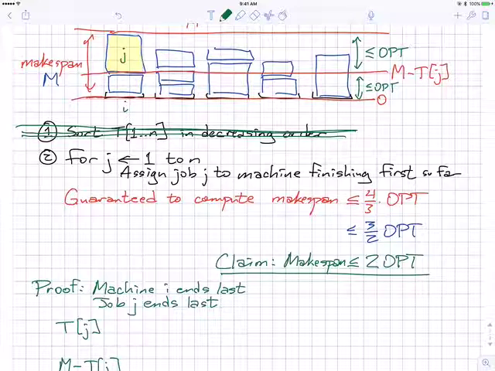It doesn't matter what the schedule is. In every schedule, the makespan is greater than or equal to t of J. So in particular, OPT, the best possible makespan, is greater than or equal to t of J. All right, well, that was pretty easy.